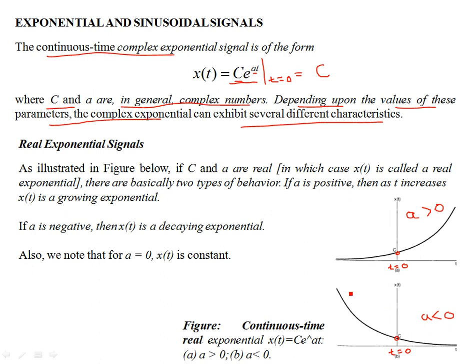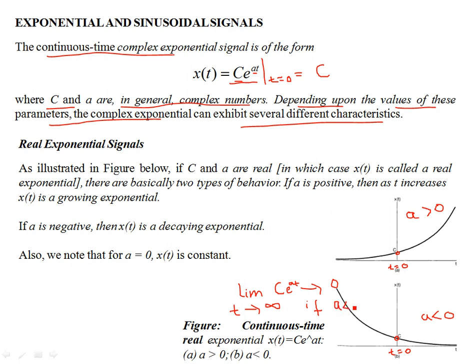If a is less than 0, then we have a decaying exponential, right? As t tends to infinity, x of t goes to 0. If x of t is of the form c e to the at, this goes to 0 if a is less than 0.